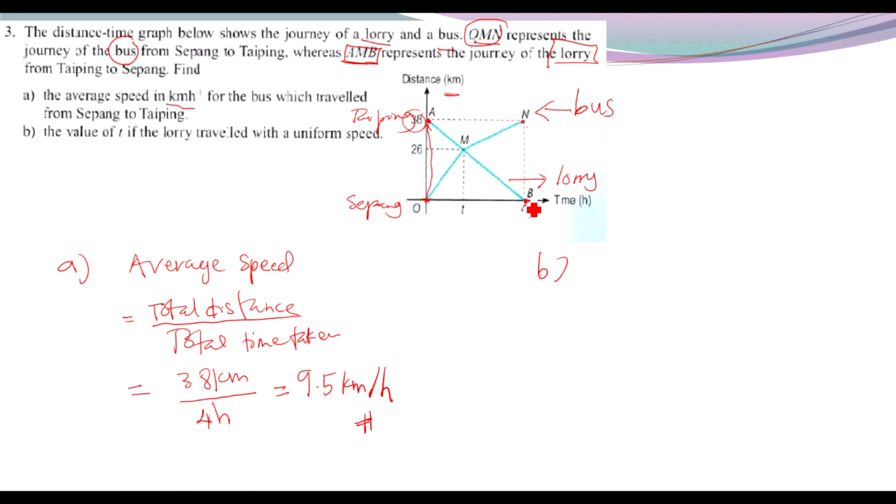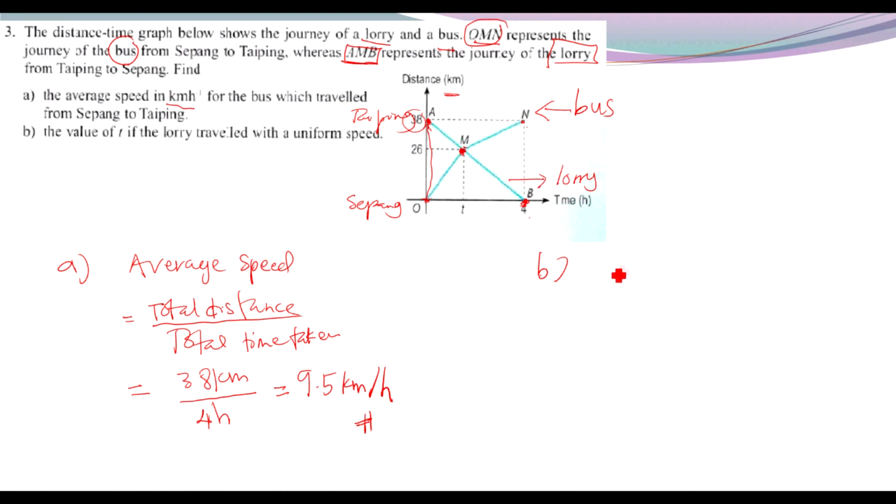You can divide this into two straight lines, AM and MB, or AB, AM, MB.